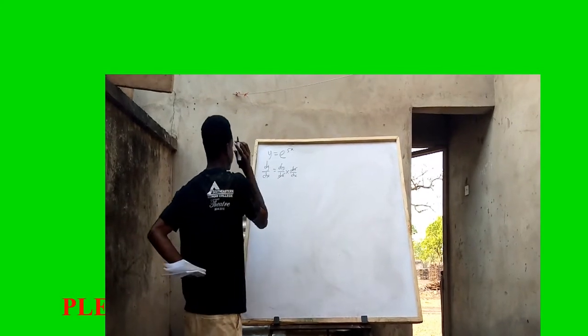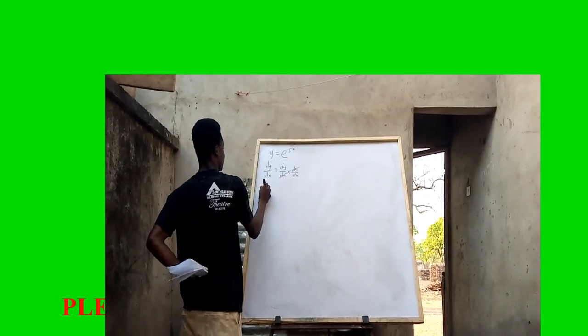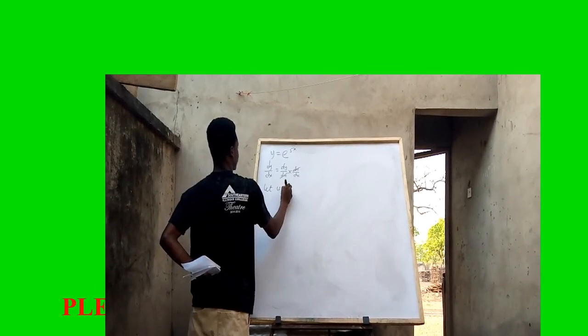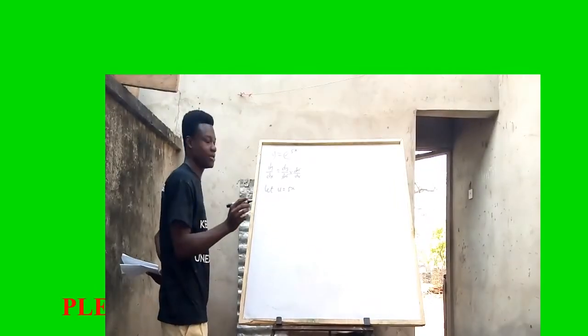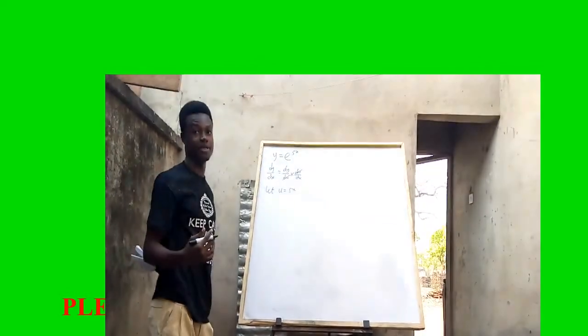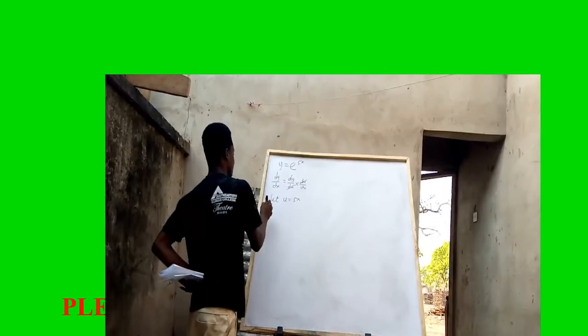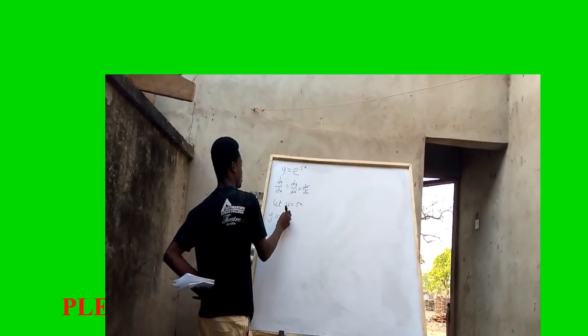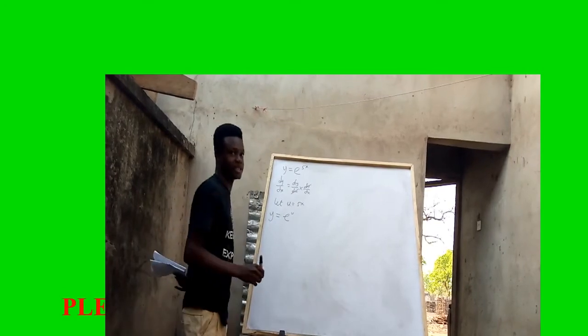So with this one, we say that let u is equal to 5x. Okay, so we are taking away this, and then we replace it with 5x. So if I say that, then I can write y is equal to e raised to the power u. Very simple.